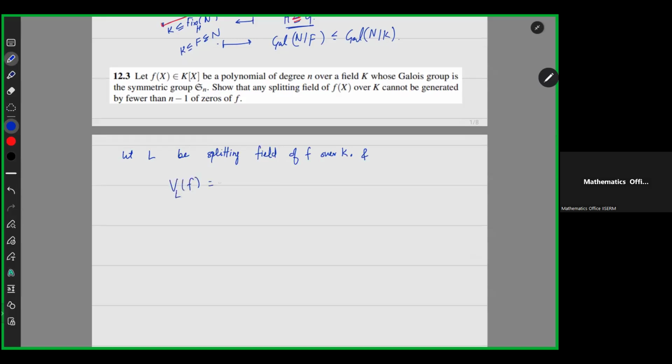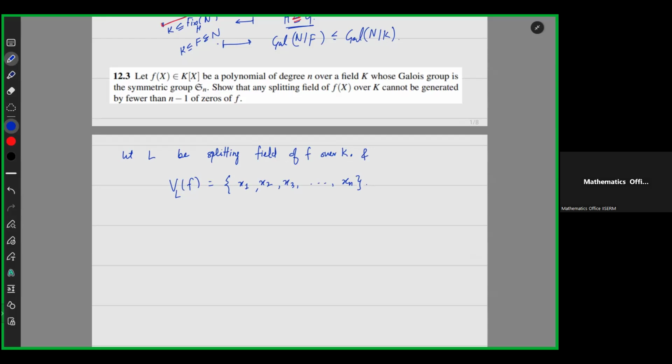Inside L, all the zeros we are writing x1, x2, x3, and so on up to xn. Note that if F is not separable, this set might have cardinality less than n, because if two elements are the same, then we remove one of them.